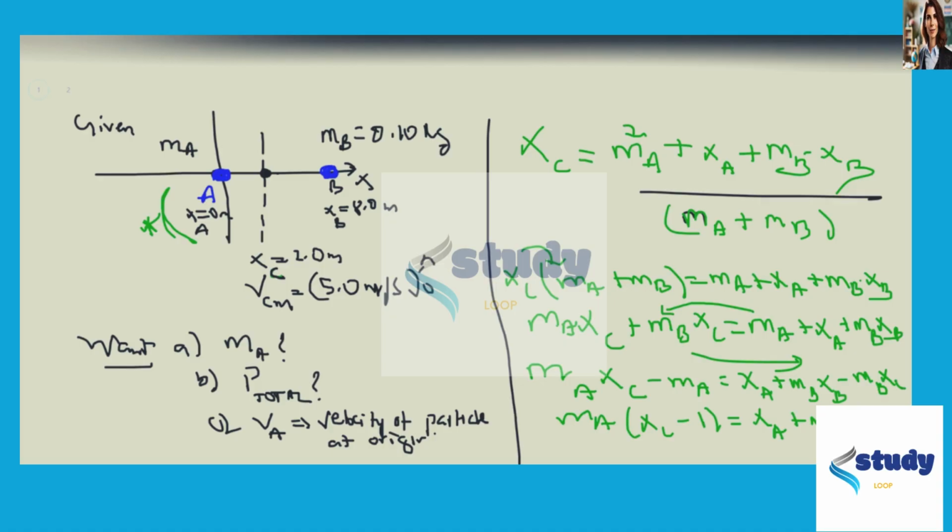So we had M1, MA, XA. So that would have made XA 0.